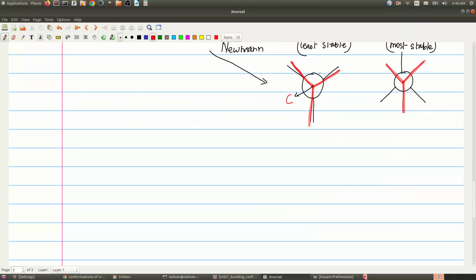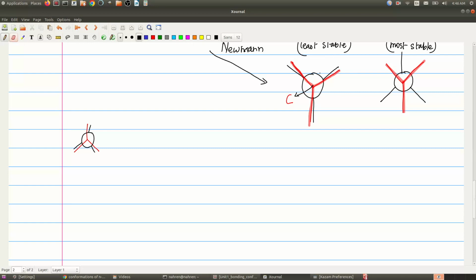Now let me draw the eclipsed conformation of ethane. I will draw the red carbon, which is closer to the eye, and the carbon at the back in black, and so we have an eclipsed conformation.